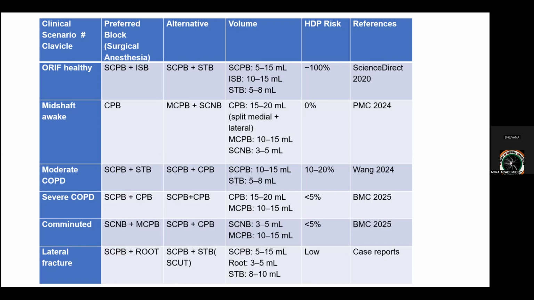For a patient with COPD, we have to preserve the phrenic nerve, so superficial cervical plexus plus clavipectoral fascial plane block is a better option, reducing phrenic nerve involvement. If it is a lateral one third fracture, we need to cover the brachial plexus also. In that, we can select superficial cervical plexus block with superior trunk, or otherwise SCUT blocks. The incidence of diaphragm involvement here is low.